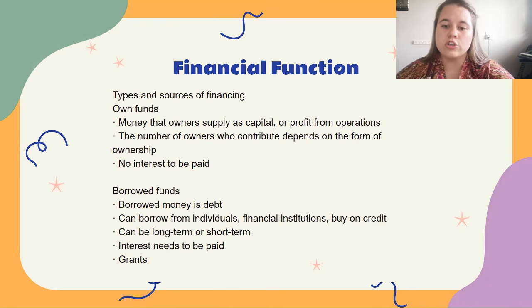The number of owners who contribute depends on the form of ownership, and there is no interest to be paid. Borrowed funds are funds borrowed in the form of debt. It can be borrowed from individuals, financial institutions, or they can buy on credit. It can be long-term or short-term. Interest needs to be paid, and there may be grants.